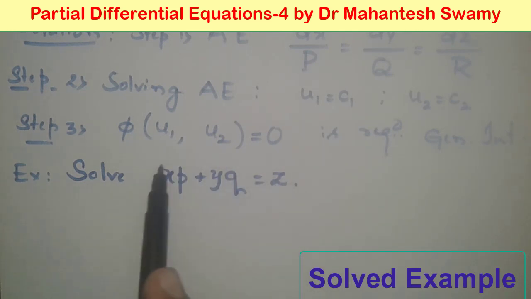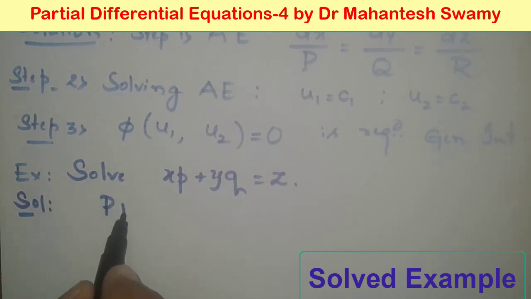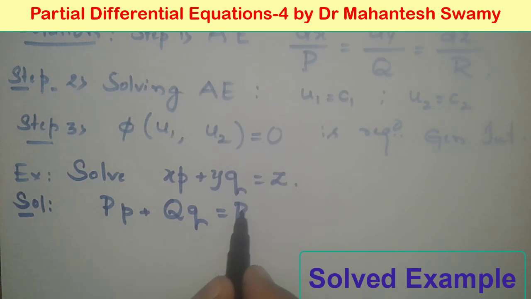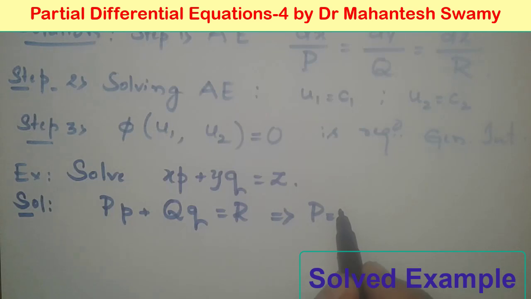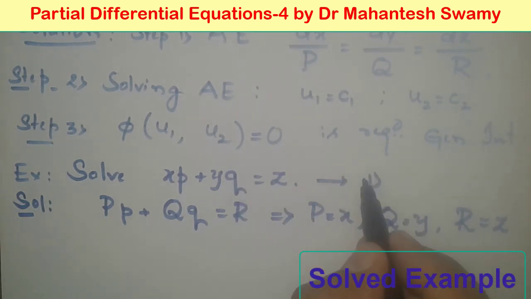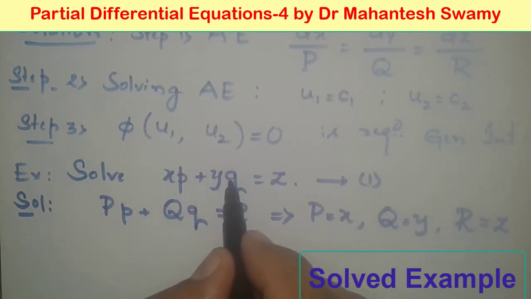So it is in the standard format of Lagrange linear PDE that we have already seen, capital P into small p plus capital Q into small q equal to capital R. In the given problem, capital P stands for x, capital Q stands for y, capital R stands for z. So these are the values of P, Q, R we obtain from the given equation 1, which is the Lagrange linear partial differential equation.